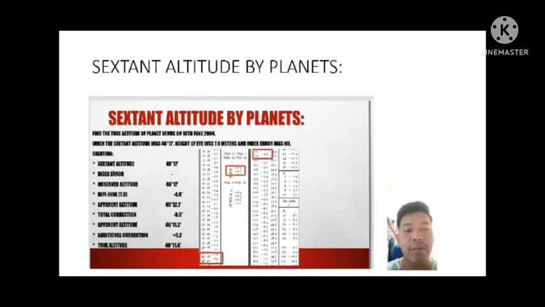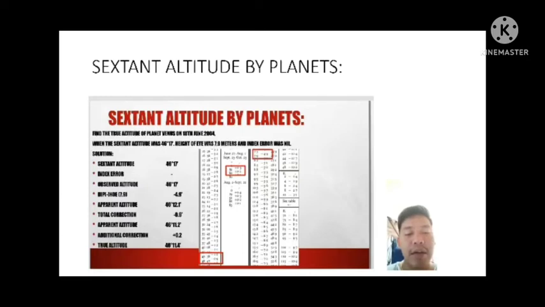Sextant altitude by planets. Find the true altitude of the planet Venus on 18 June 2004 when the sextant altitude was 46 degrees 17 minutes, the height of eye was 7.9 meters, and the index error was nil. The sextant altitude is 46 degrees 17 minutes. The observed altitude was 46 degrees 17 minutes, and the dip for height of eye was negative 4.9 minutes.